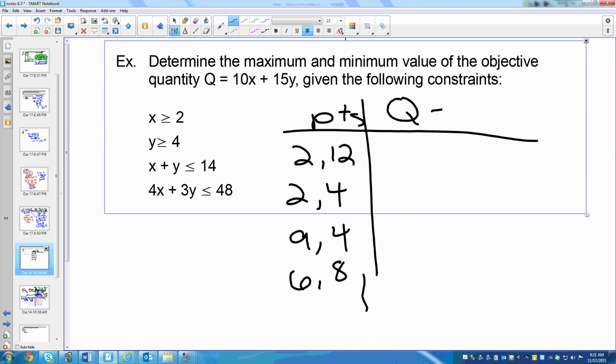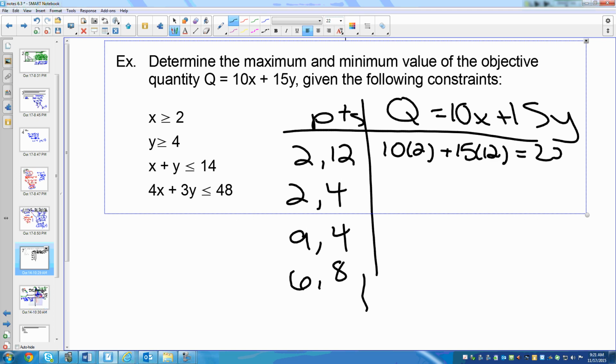They'll give you a Q equation, or eventually, you guys, we're going to make our Q equations. Okay? Eventually, we're going to get there and make our Q equations. So we plug in what we know. 10 times 2 is 20 plus 15 times 12 equals 200.